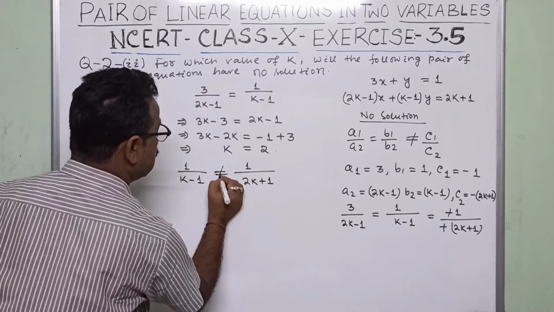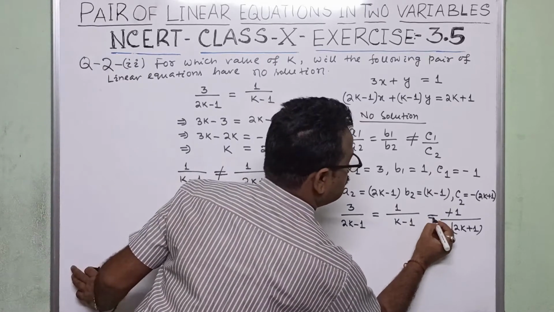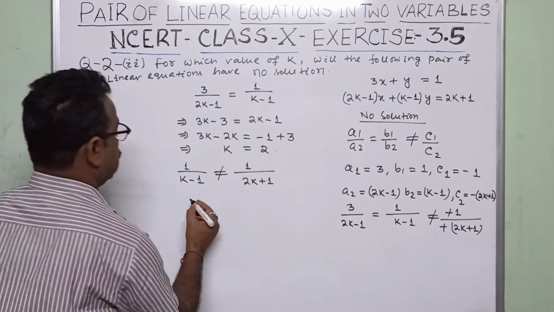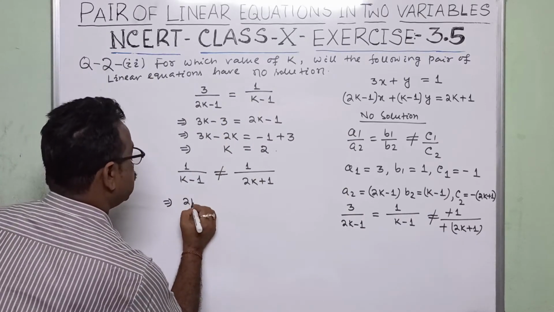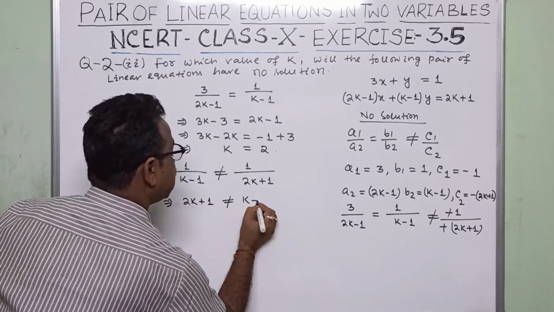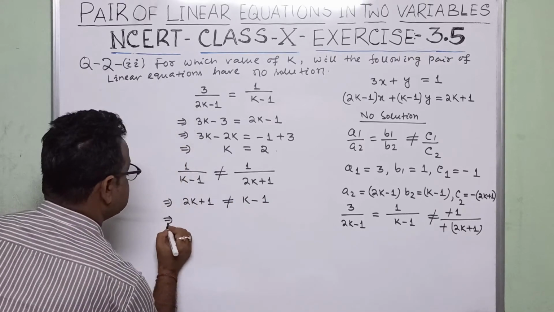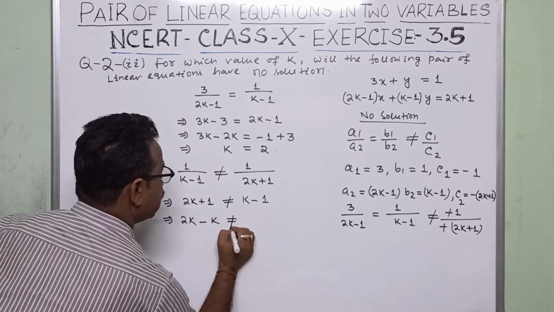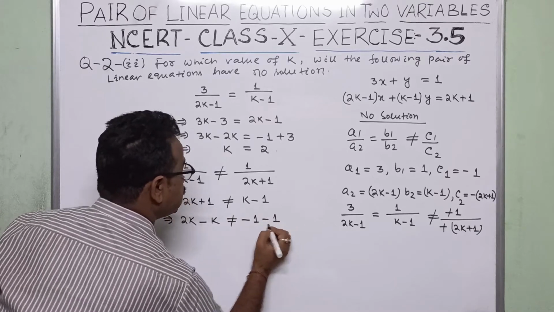Second one, we come to 1 by k minus 1 not equal to 1 by 2k plus 1. Now that implies 2k plus 1 not equal to k minus 1. That implies 2k minus k not equal to minus 1 minus 1.